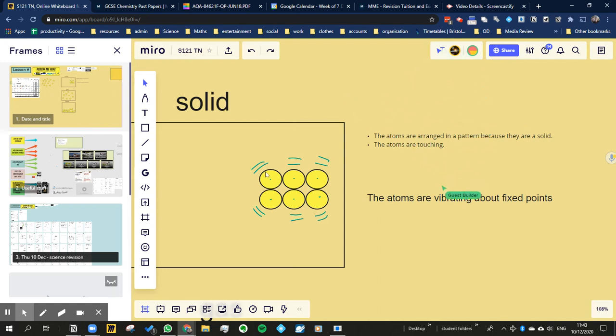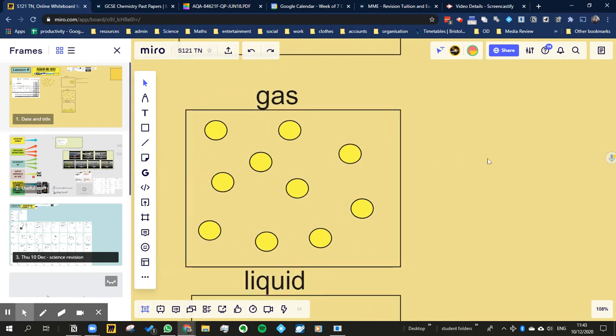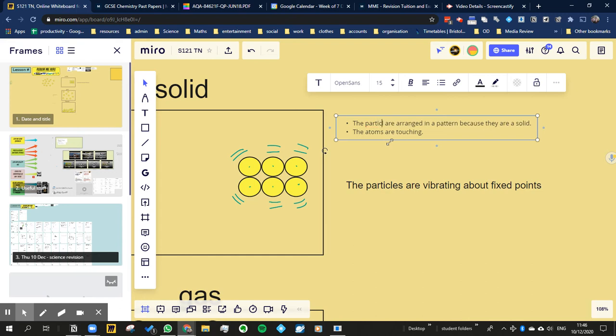So then we described how they're arranged, and we also described how they're moving. So let's go to the gas now, and we're going to talk about how they're arranged first. I'm changing the word atom to particles because we're going to learn at some point about compounds, and in those cases it might be that the molecules are vibrating, but we need to learn a little bit more about that.